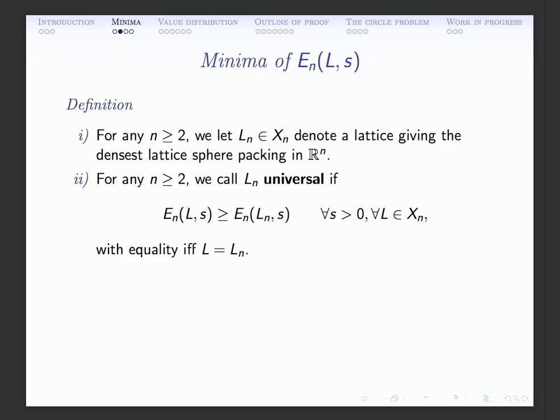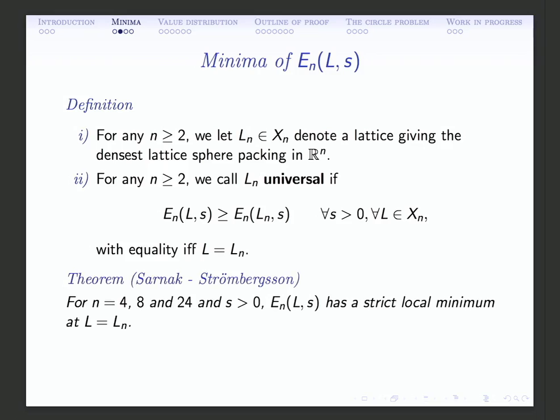One can now ask, for n greater than 2, is L_n universal? It's quite easy to argue, with some symmetry between a lattice and its dual, that for n equals 3, L_3 is not universal. But when it comes to n larger than 3, not much is known.